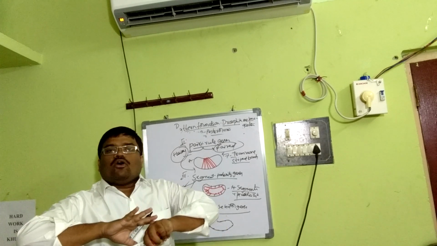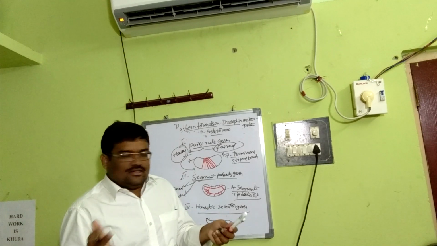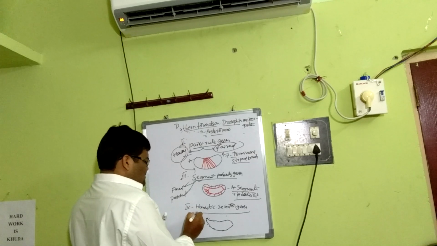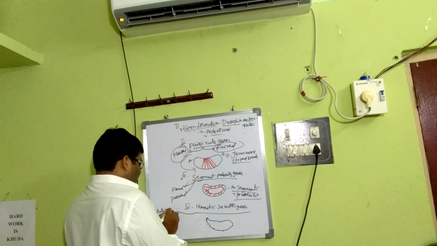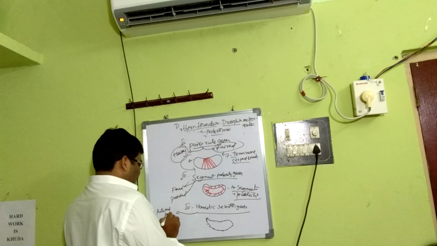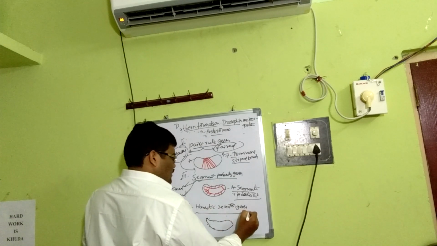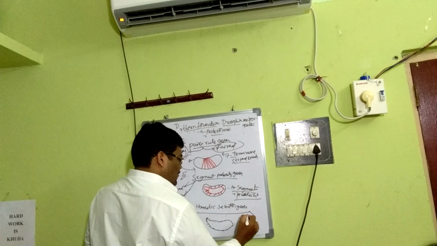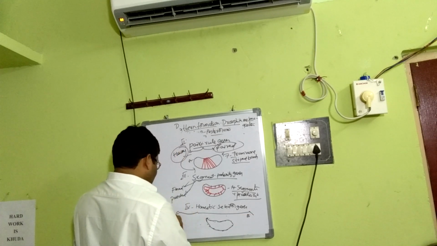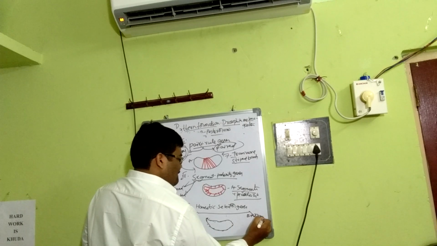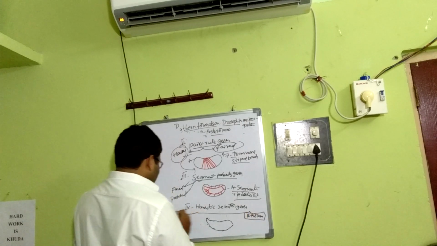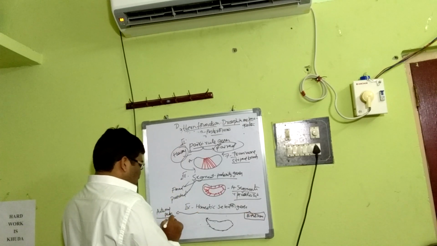Actually, it can be organized into 2 gene clusters, say for instance, Antennapedia and Bithorax. This Antennapedia, for example, labial.